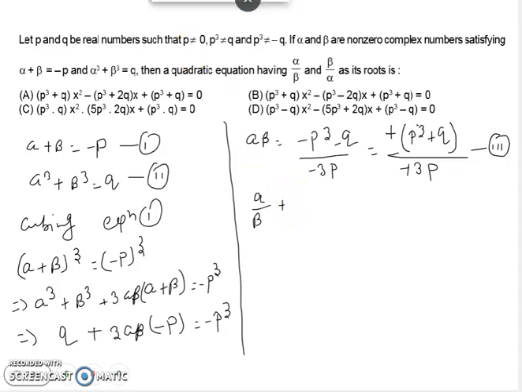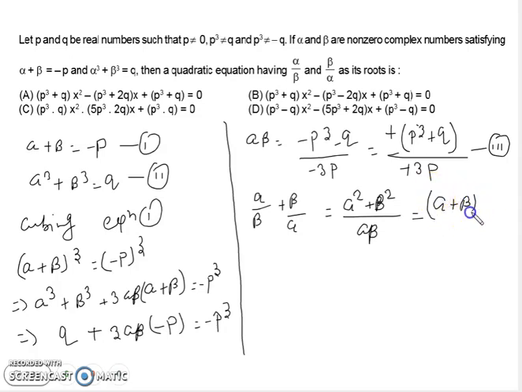So now I am going to find the sum of roots. It will become alpha by beta plus beta by alpha, equal to alpha square plus beta square divided by alpha beta, right? And now we can convert alpha square plus beta square into alpha plus beta whole square minus 2 alpha beta, divided by alpha beta, guys.